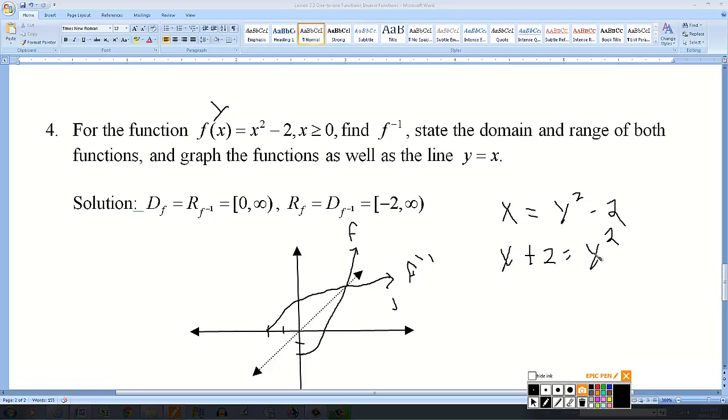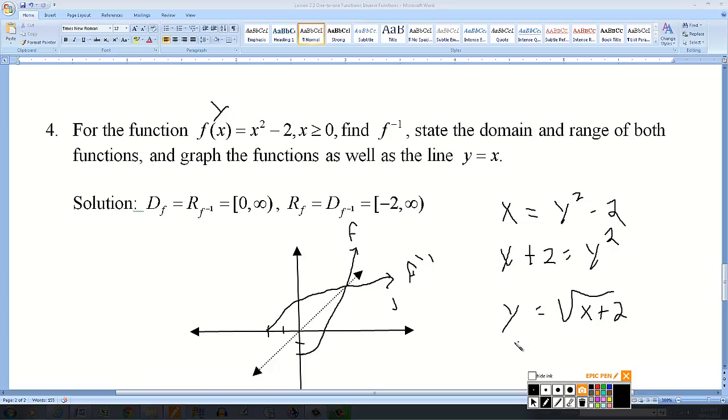Then I take the square root of both sides, so y is equal to plus or minus the square root of x plus 2. But since I know that the range of the inverse goes from 0 to infinity, I know that this has to be positive.